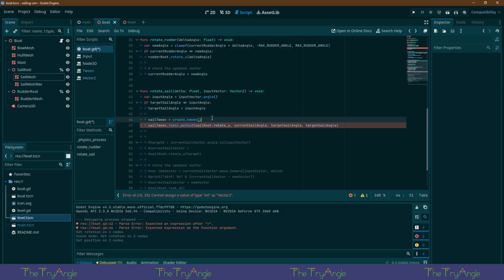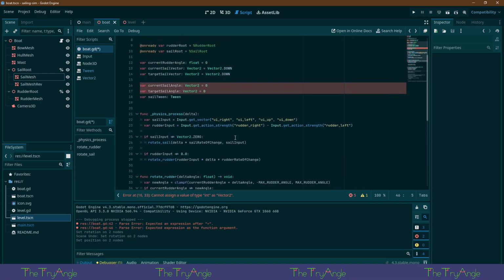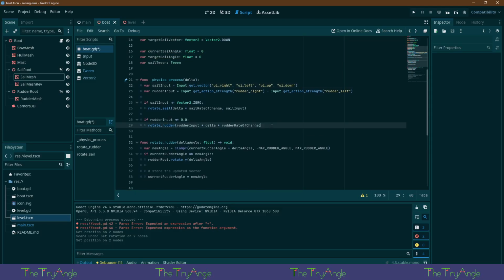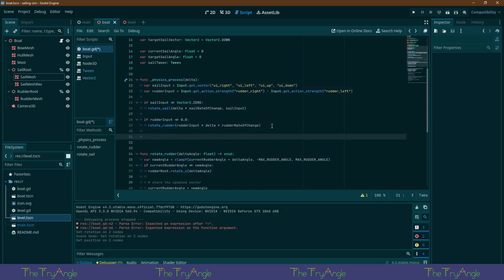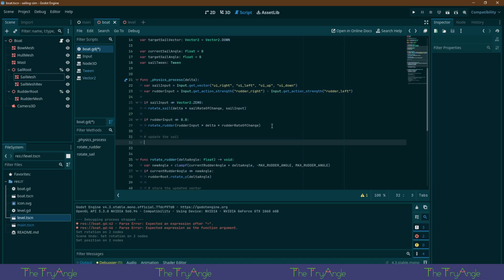Tell you what I will do. Maybe I'm just doing all those equations in the wrong spot. Why are you mad? Oh, because you're a vector. Float. That's a new type in Godot. Don't ask. All right. So, let's see. Update the sail.